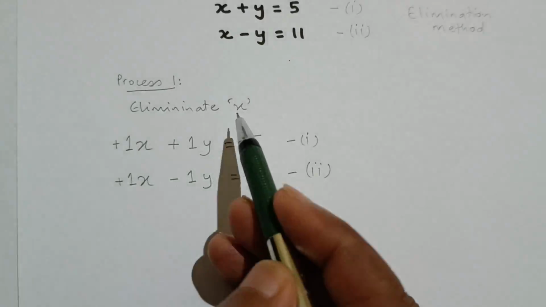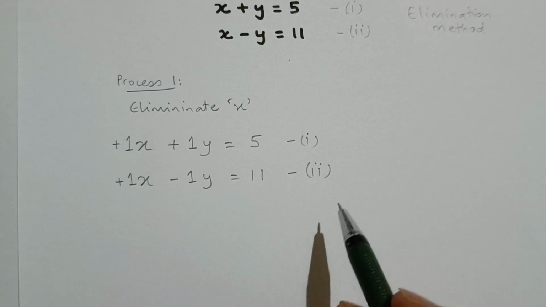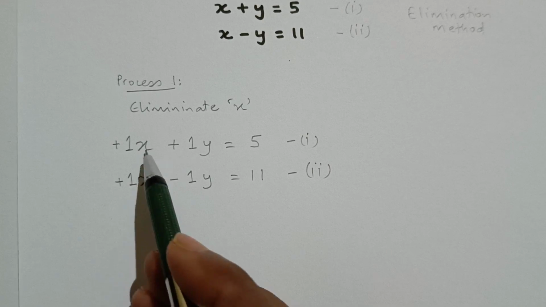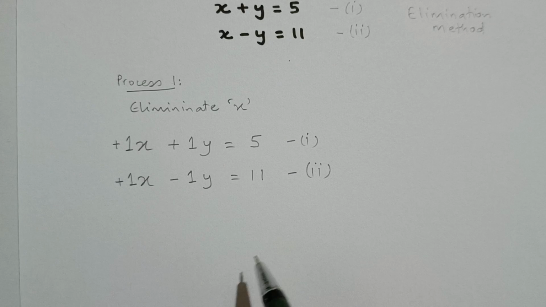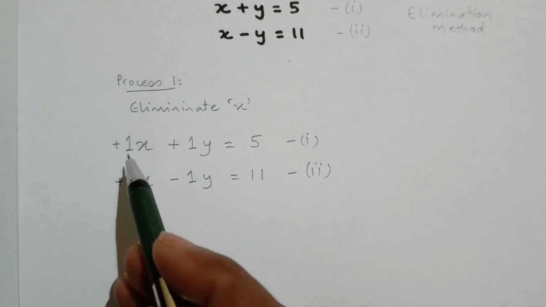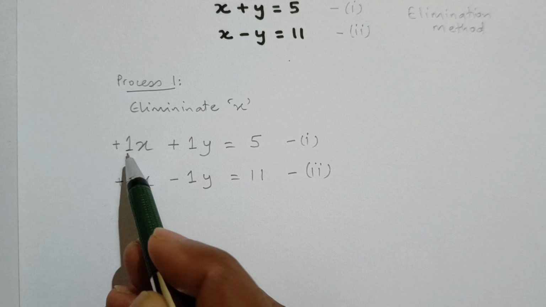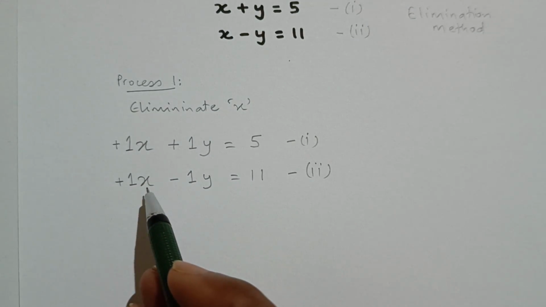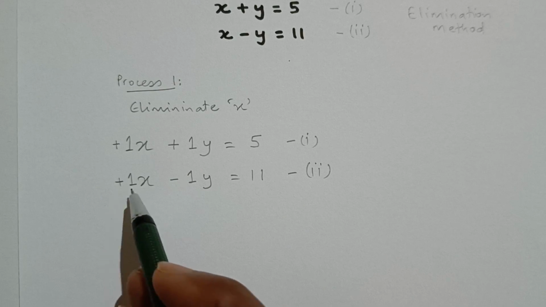Now here we are eliminating the variable x. So look at the coefficient of the variable x in both the equations. In equation number 1, the coefficient of x is plus 1. And in equation number 2, the coefficient of x is plus 1.